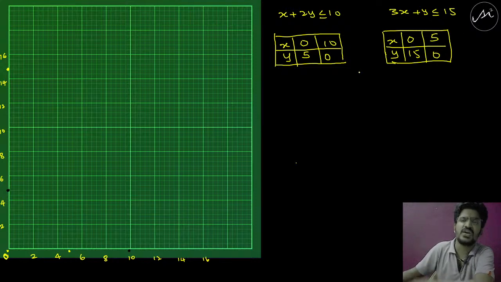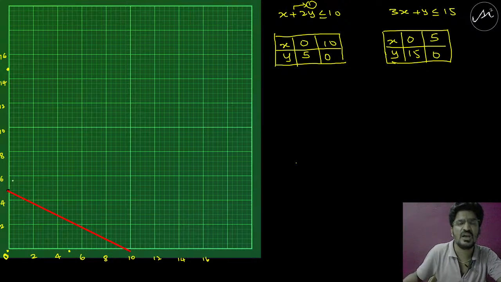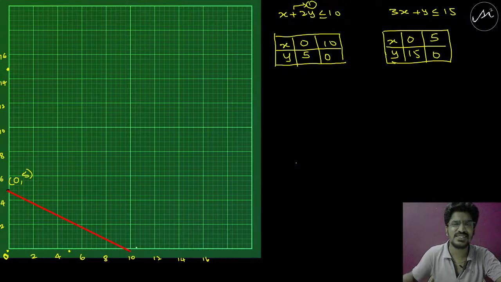So from this you can see the first line of equation 1 is going to be from, see this here, x is 0, y is 5. Clear? In the same way, here x is 10, y is 0.